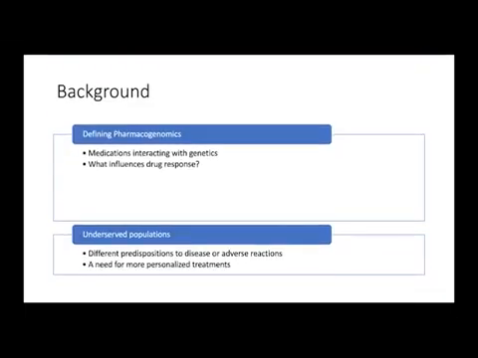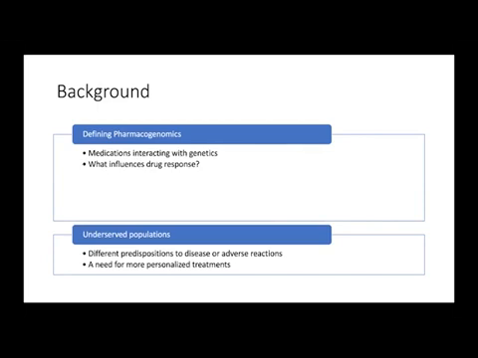Okay, so to start, this field was very new to me, so it was important to gather a general understanding of pharmacogenomics and its potential applications at first. So what is pharmacogenomics? Well, it's the area of healthcare that examines how individual genetic variants can influence response to medications.